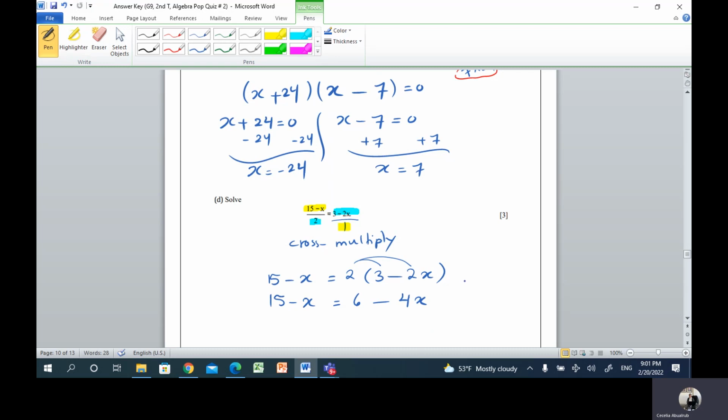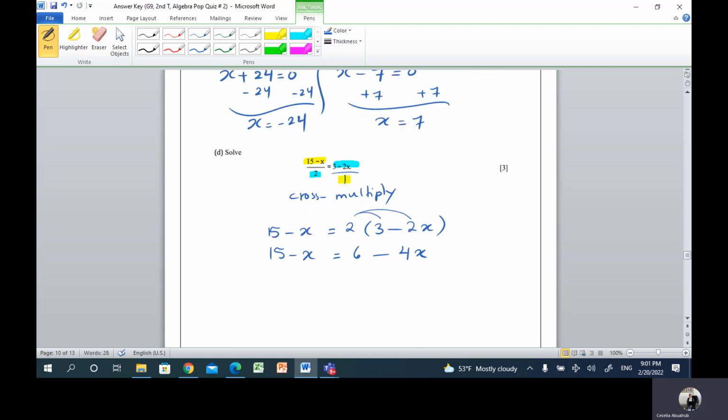Now, let's bring the x's to one side and the numbers to another side. So we're going to transfer this to this side, and we're going to transfer the minus 15 to this side. So the 15 is going to go to the other side. So what is left here? Minus x.